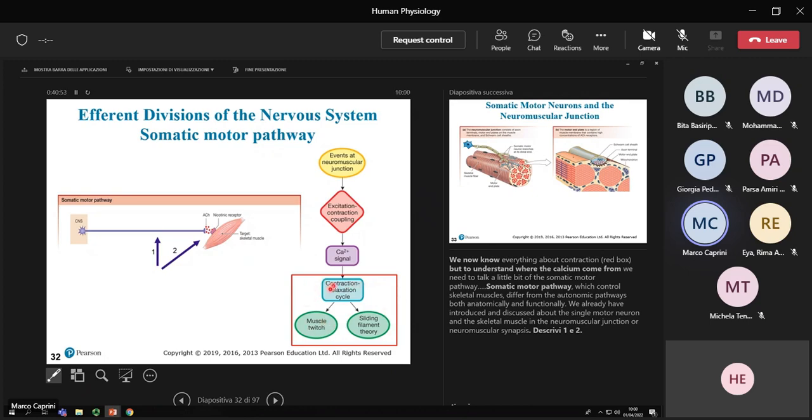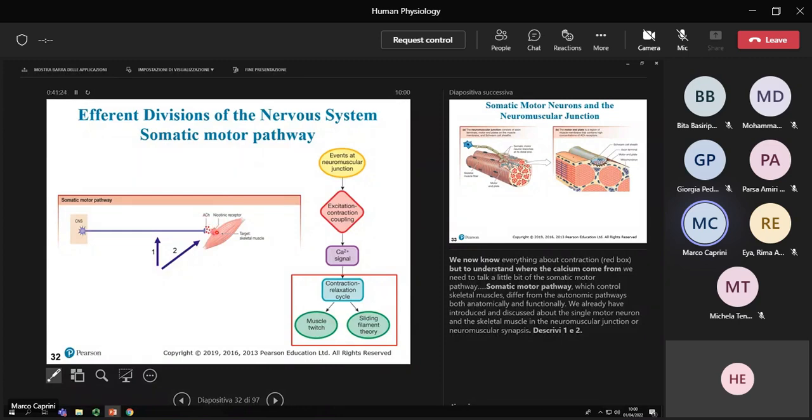But to understand where the calcium comes from, we need to talk a little bit more about the somatic motor pathway. We know the somatic motor pathway, which controls the skeletal muscle, differs from the autonomic pathways, both anatomically and functionally.